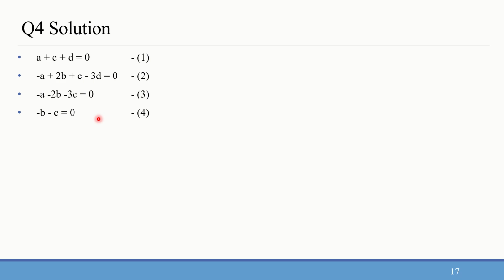So we have 4 equations and 4 unknowns a, b, c and d.